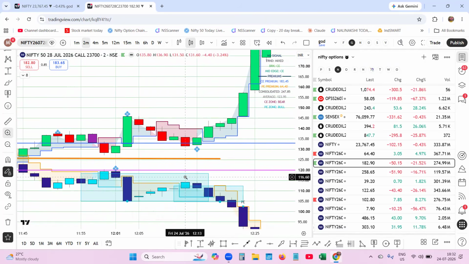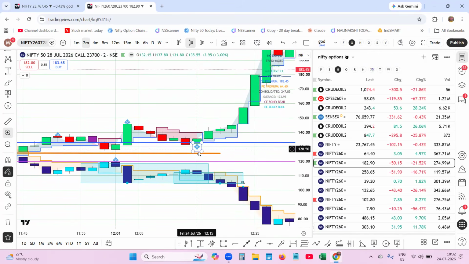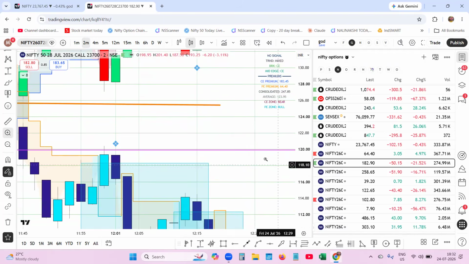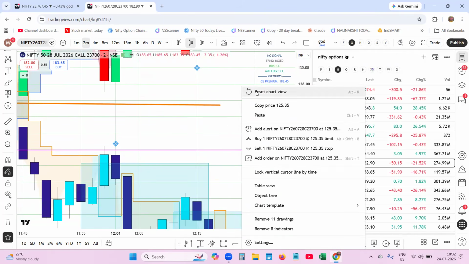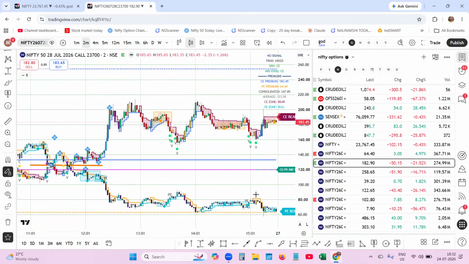When both begin moving together, the trend becomes strong. Both have started moving together. See the movement. Both the call option and the put option are moving higher. Then the trend becomes very, very strong. That is the hack.